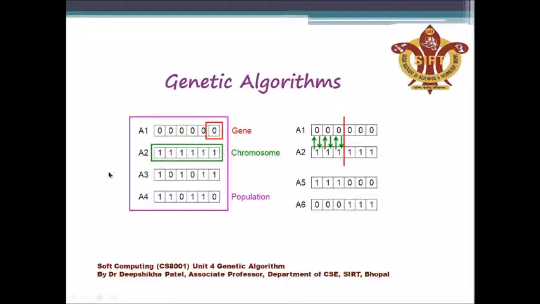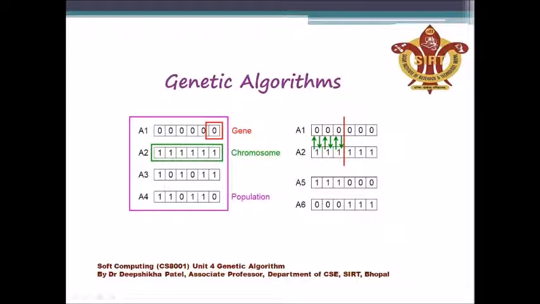So this is the population, the set of individuals, or the set of solutions provided to us, and among these solutions we have to find the best one. This is the initial population, and initially we have individuals A1, A2, A3, A4.